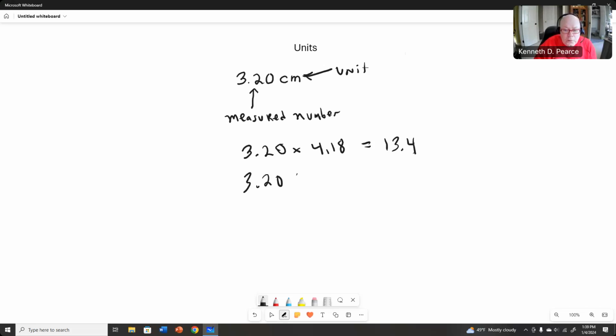Because coincidentally, this could have been 3.00 feet times 4.18 centimeters per foot, and then that would have been this. Of course, I'm just making up these numbers as I go along, but the point is, you get two very different answers if you assume that this is centimeters, and this is centimeters squared.